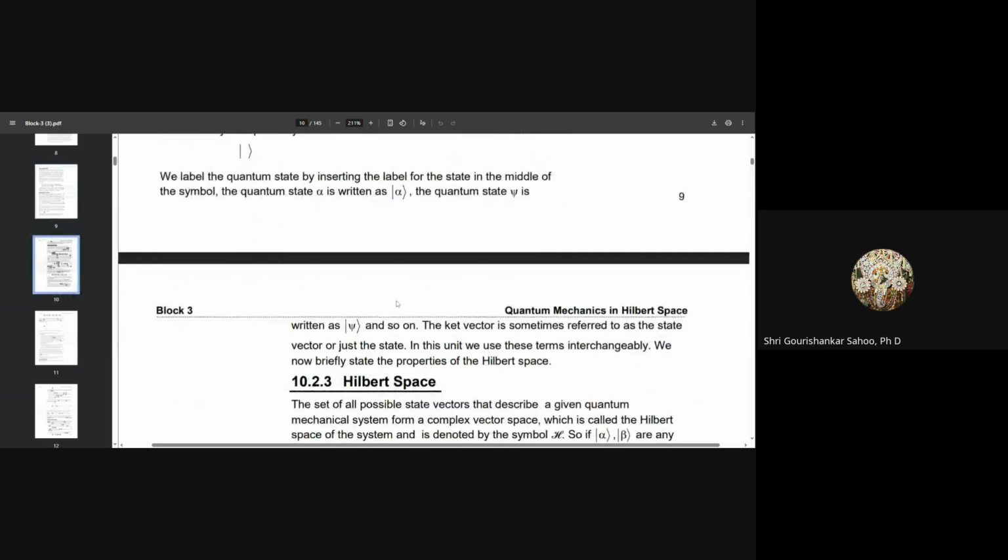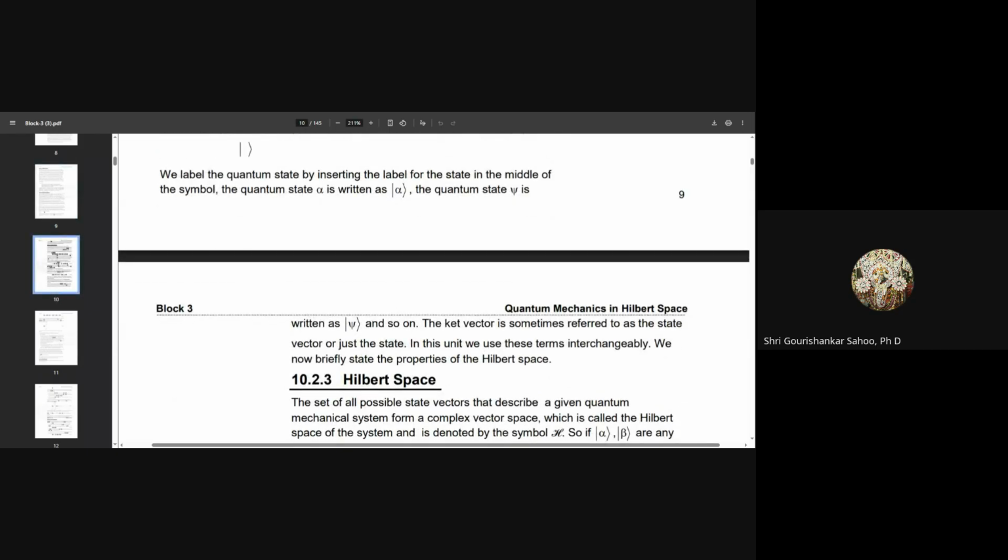The quantum state alpha is represented as this ket, and the quantum state psi can also be written as ket psi, and so on. This ket vector is sometimes referred to as the state vector, or you can just say it is a state. So we can use these terms interchangeably.